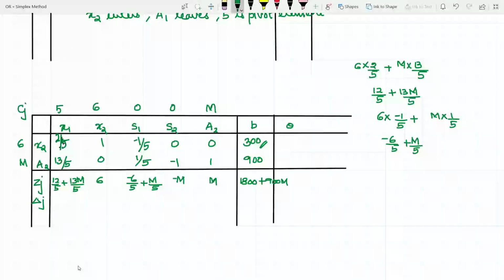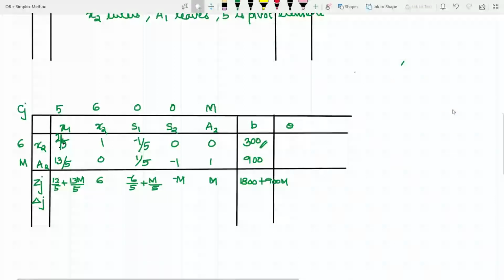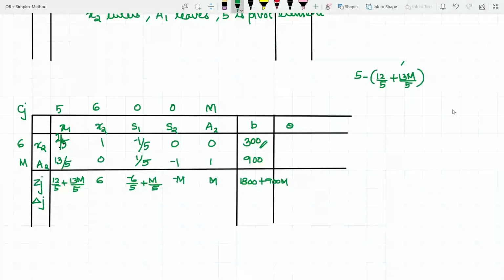Delta j is 5 minus of 12 by 5 plus 13m by 5. So you have here 5 minus 12 by 5 minus 13m by 5.